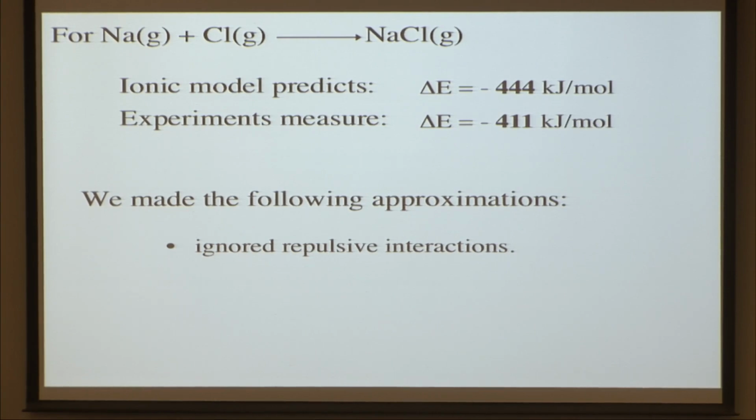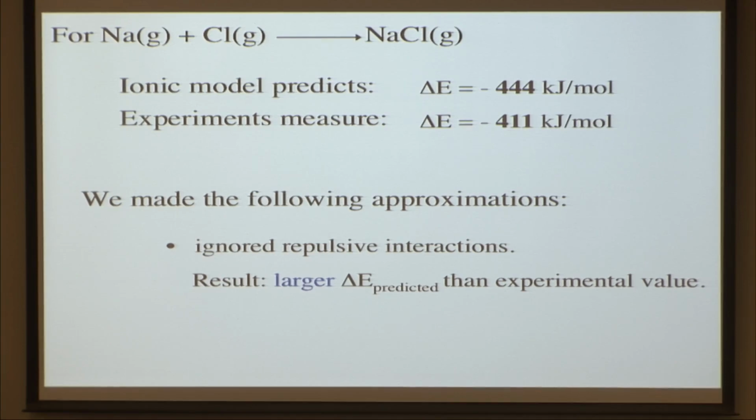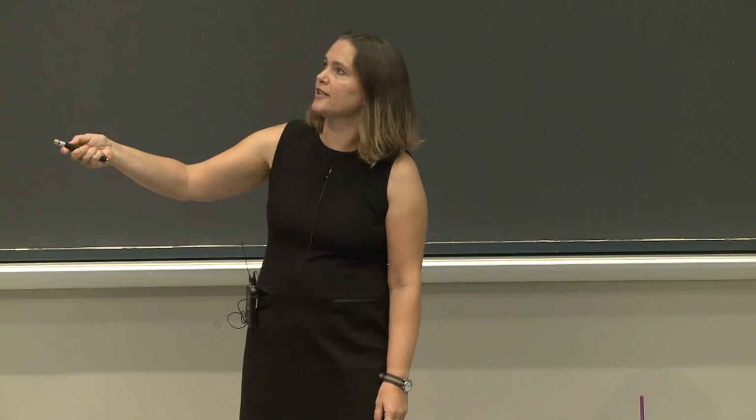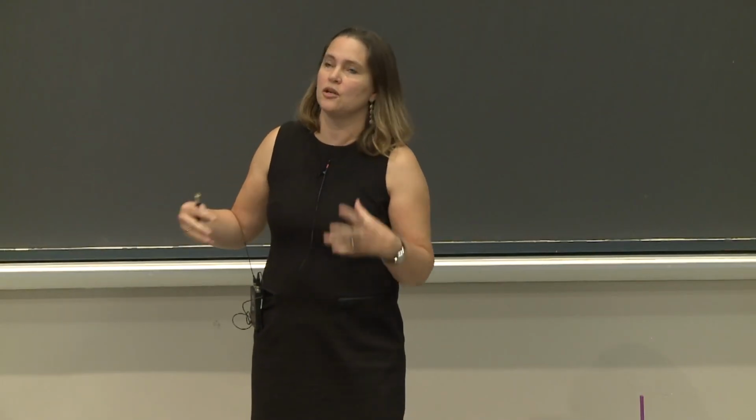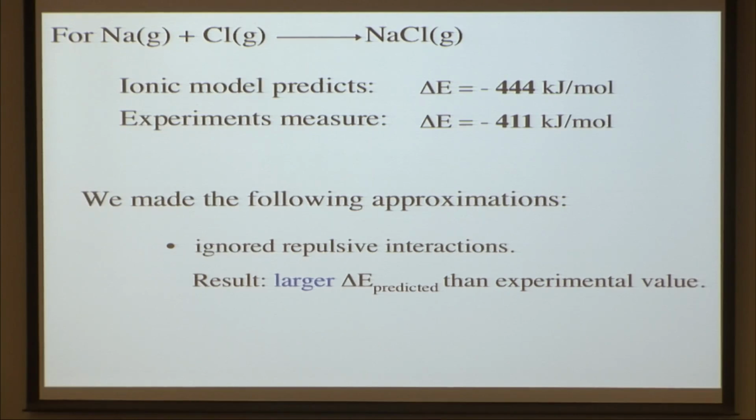There are always some negatives, and we ignore those. And the result of this is that you're going to get a larger delta E predicted than the experimental value. So it seems like this is more favorable, like that's a stronger bond, a stronger interaction. But really, if there's some repulsion, that's overestimated. It's really going to be a lower value, which is what you see in the experiment.